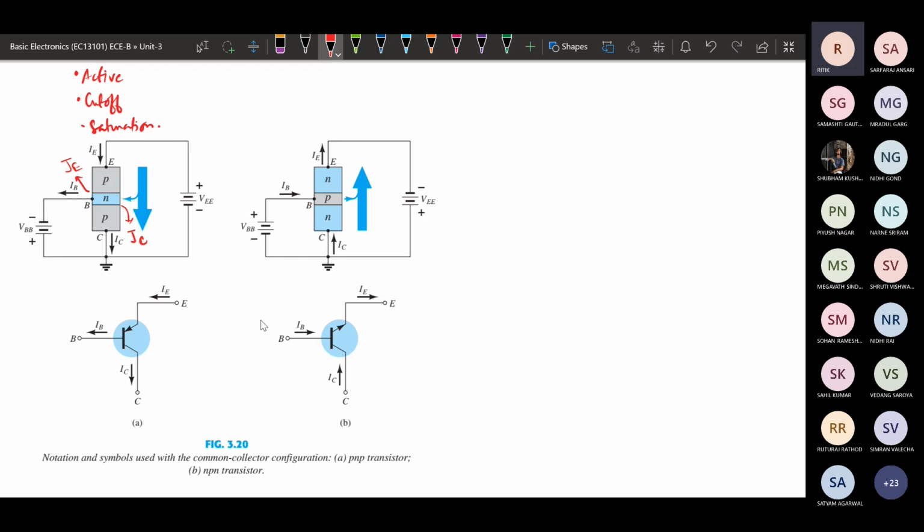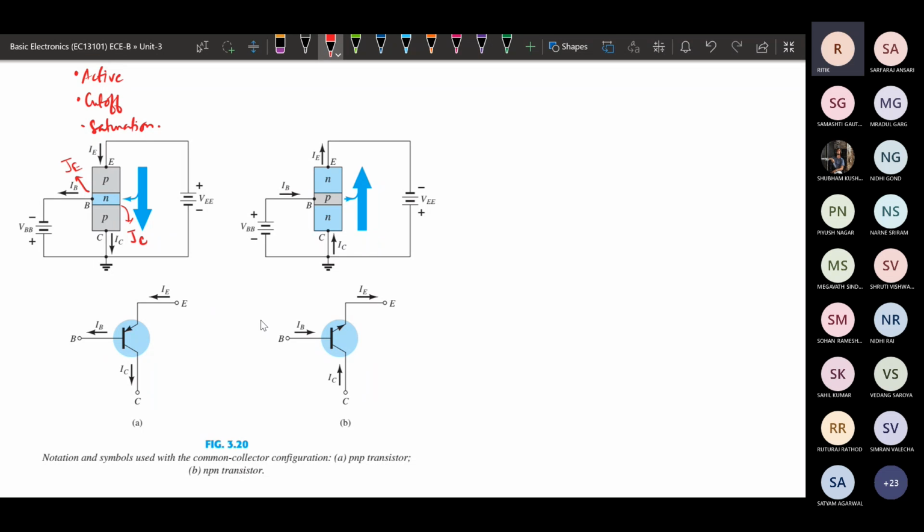We will bias these two junctions accordingly. In case of PNP, this is the biasing configuration, and in case of NPN transistor, this is the configuration of biasing conditions that we will be applying.